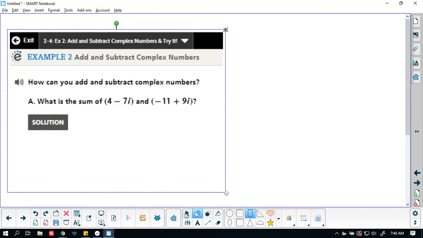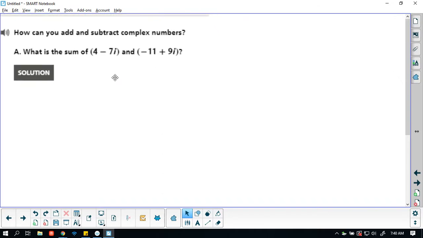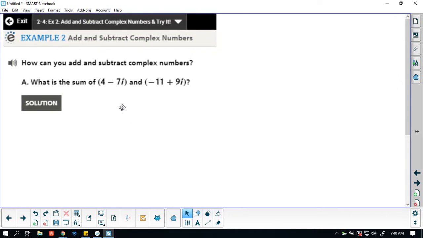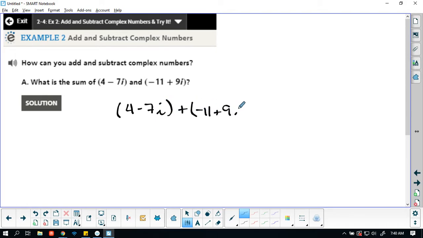In this case, we're going to look at how you can add and subtract complex numbers. So we're going to add these two: 4 minus 7i plus -11 plus 9i.